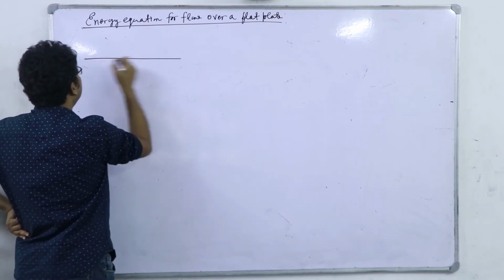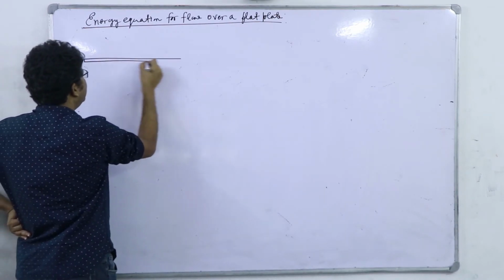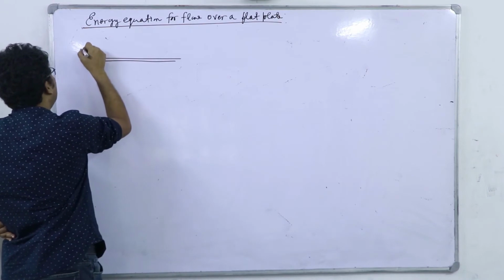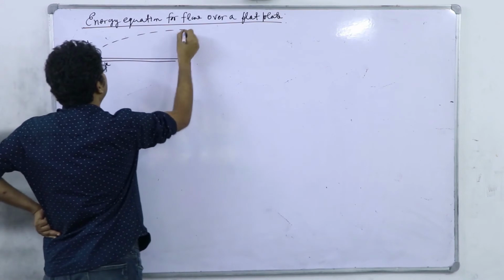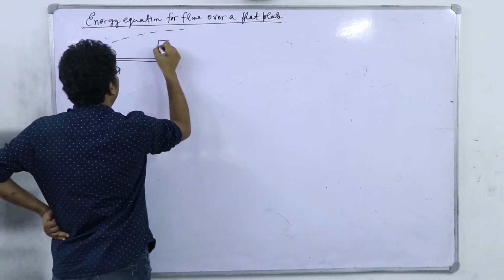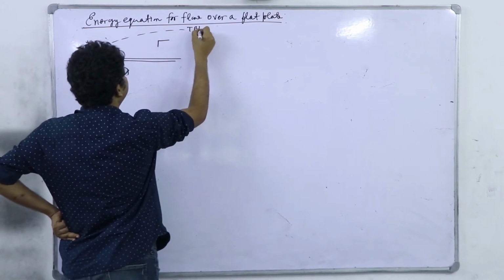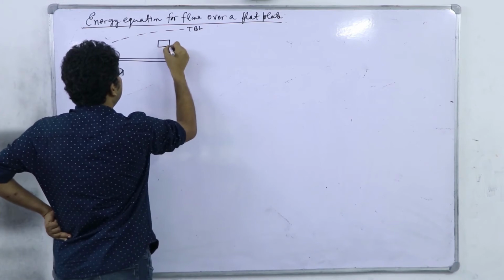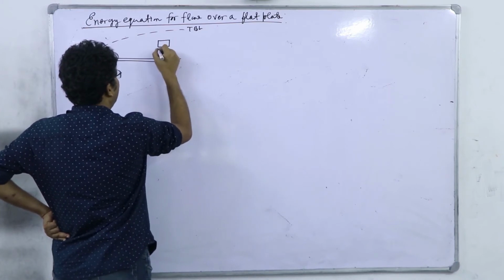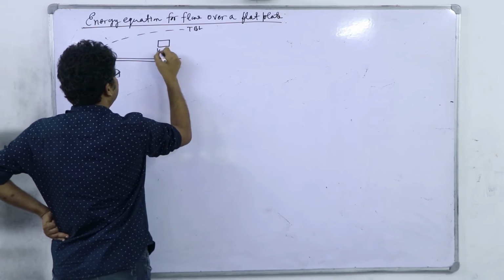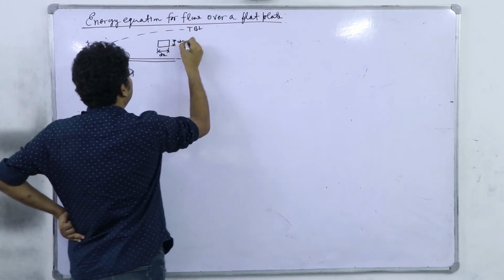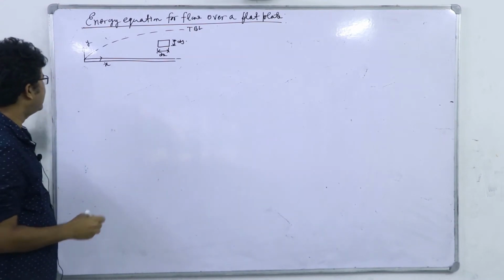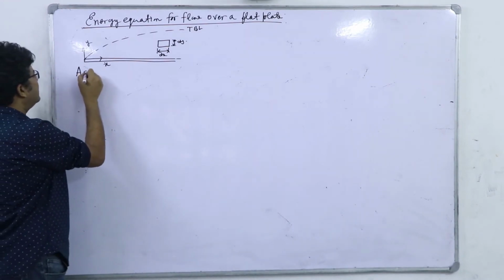So, we choose this geometry, it is very well known, as you all know, y and x. This is the thermal boundary layer, right, and we are choosing this as control volume. So, this is dx and this much is dy. So, first before the derivation, let us write down the assumptions.